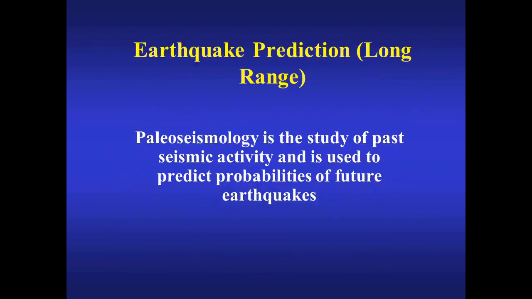Scientists put more faith into what are called long-range predictions. And this involves what's known as paleoseismology, which is the study of past seismic activity. And this is used to predict probabilities of future earthquakes.